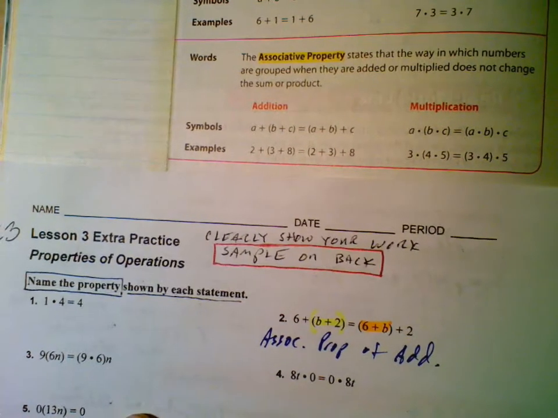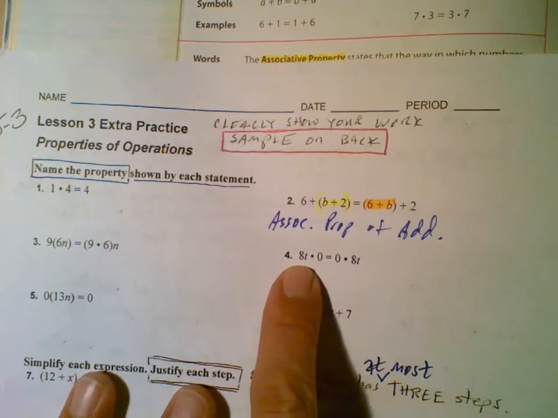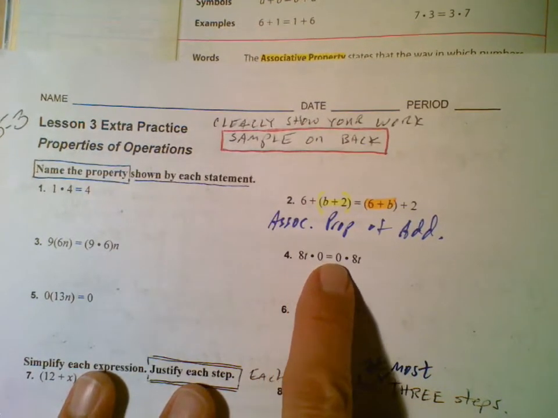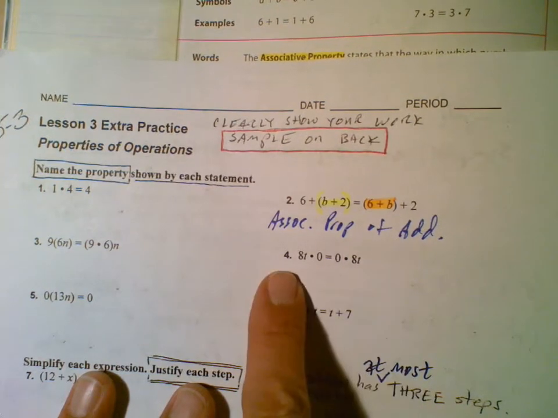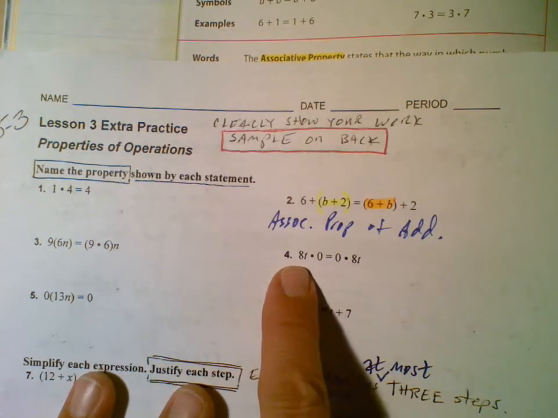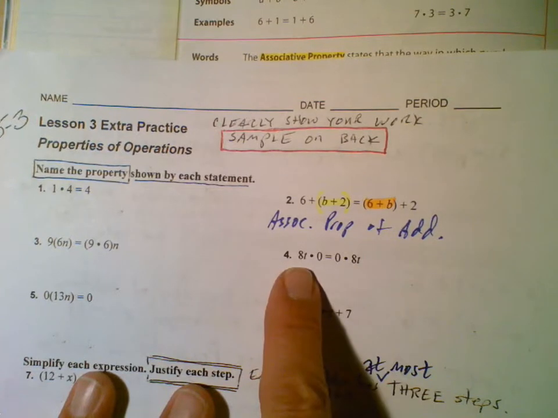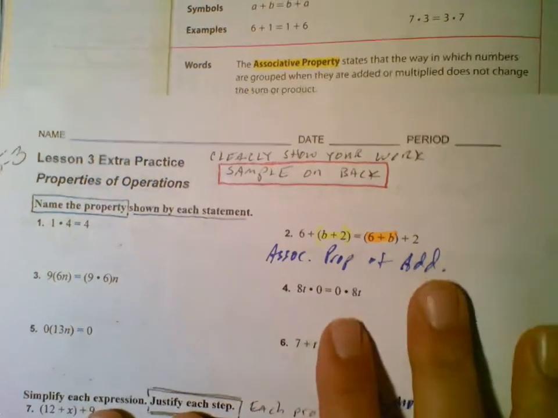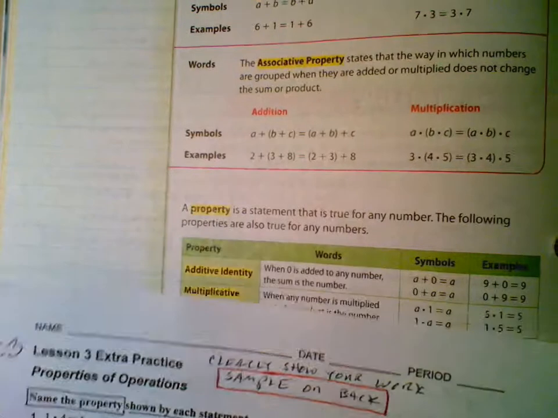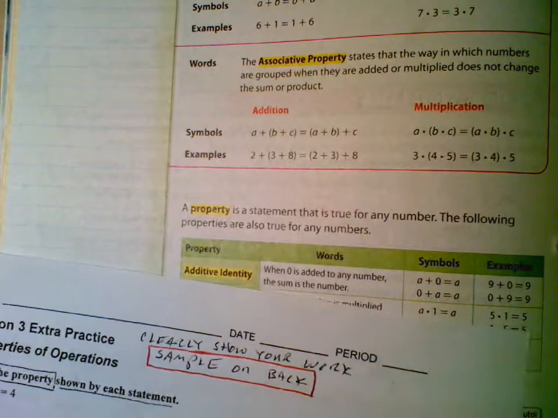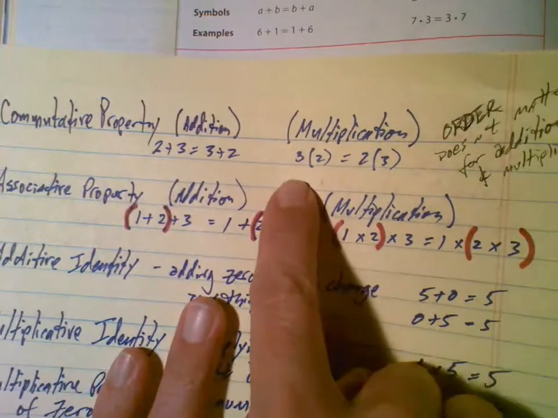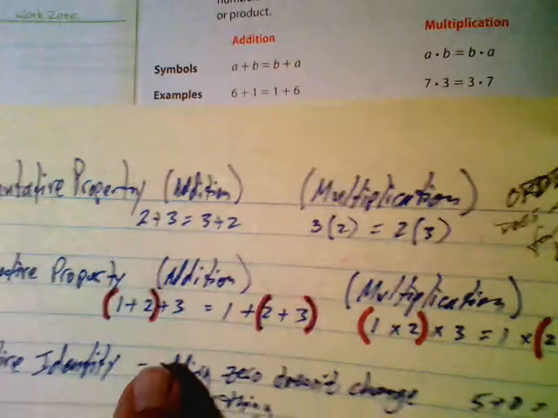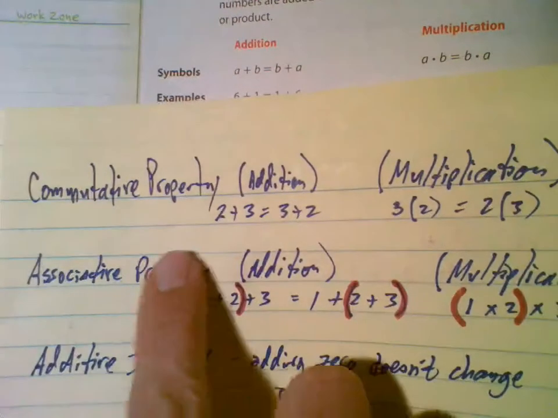If we look at number 4, I've got 8t times 0 is equal to 0 times 8t. Well, of course, 0 is equal to 0, but what's at play here? It looks to me like the only thing different is they've changed the order of things. And which property allows us to change the order of things? We know that order has to do with the commutative property, kind of going back and forth.